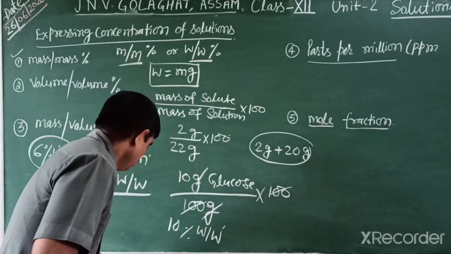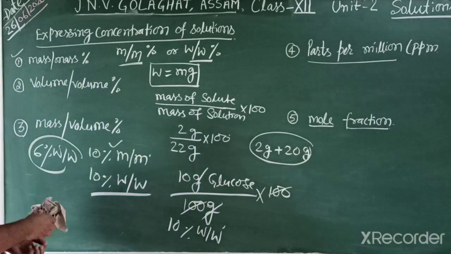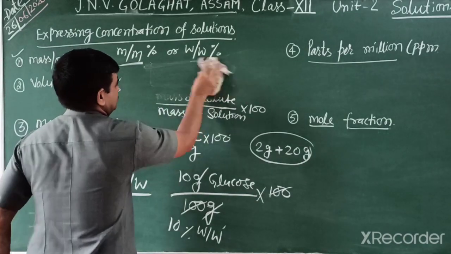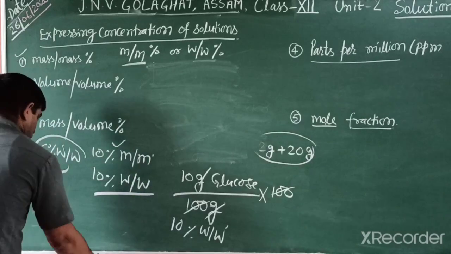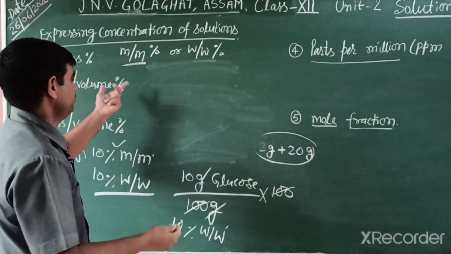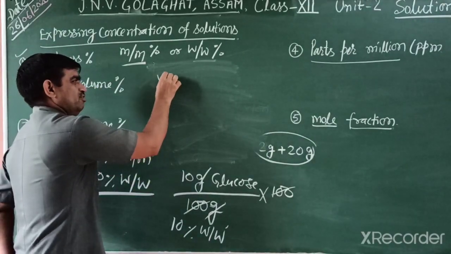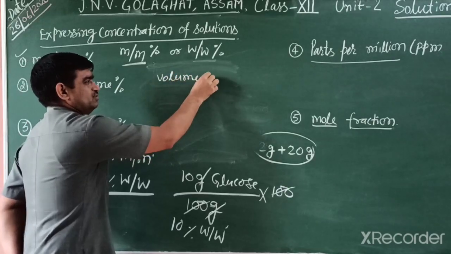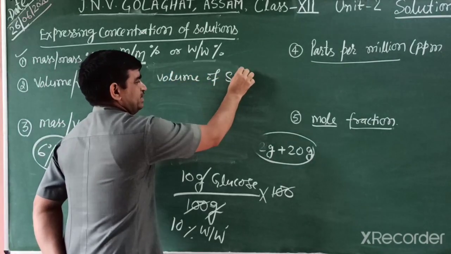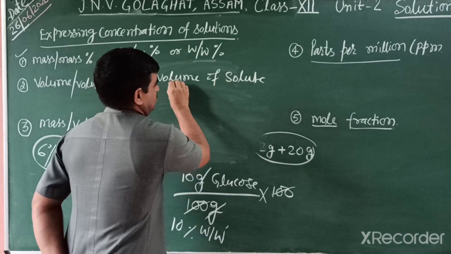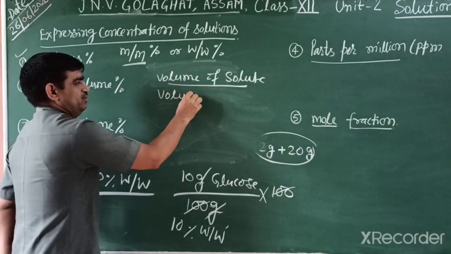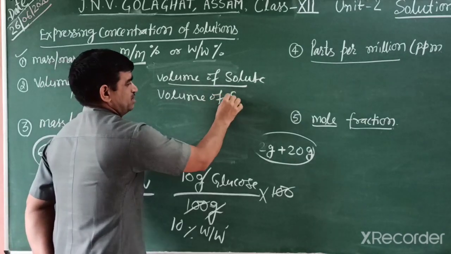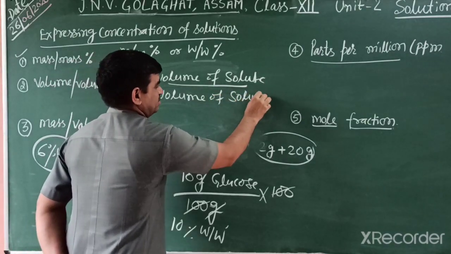Another formula is volume by volume percentage. So what is the volume? It means the volume of solute divided by the volume of solution, and in both we take solution.